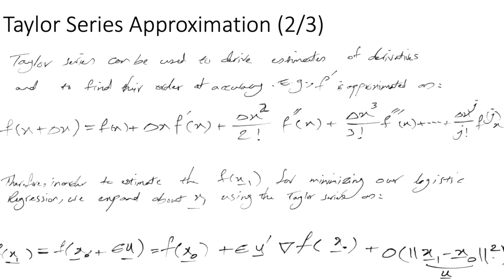So it's going to be f(x0), the starting point, plus our step size with the direction that the unit vector gave us. That's equal to f(x0) + ε uᵀ ∇f(x0), plus the rest of the things that we are not interested in computing right now, because this gives us good enough accuracy.